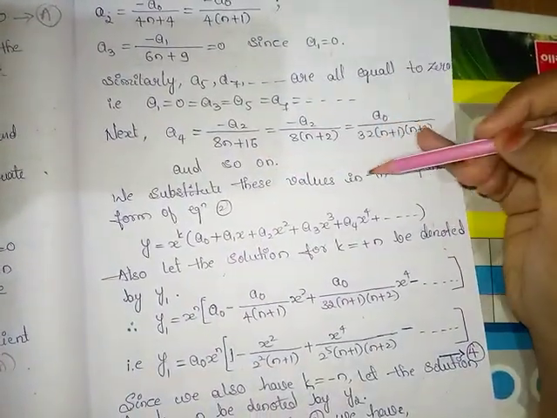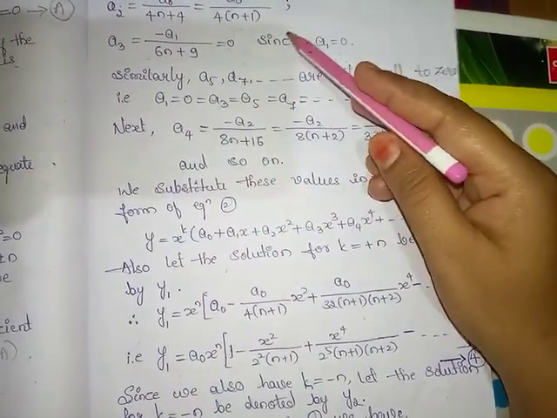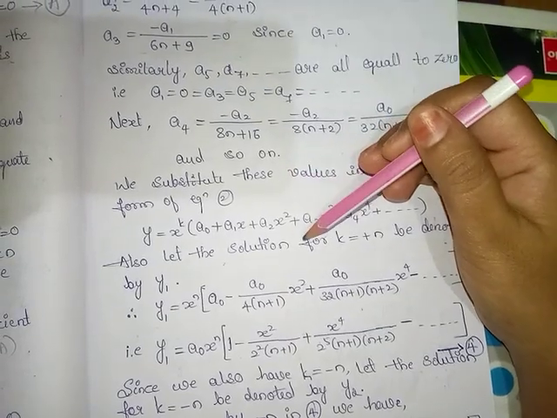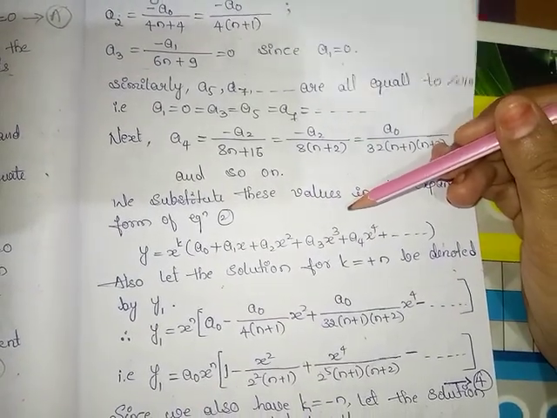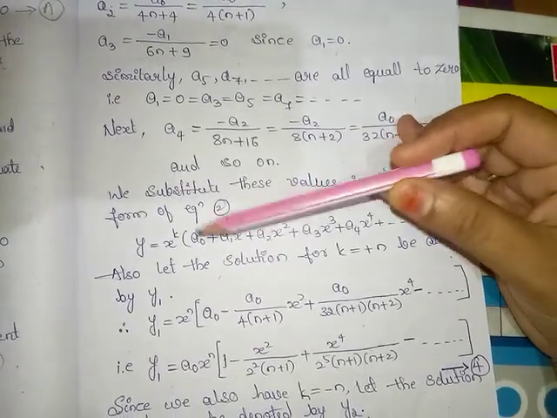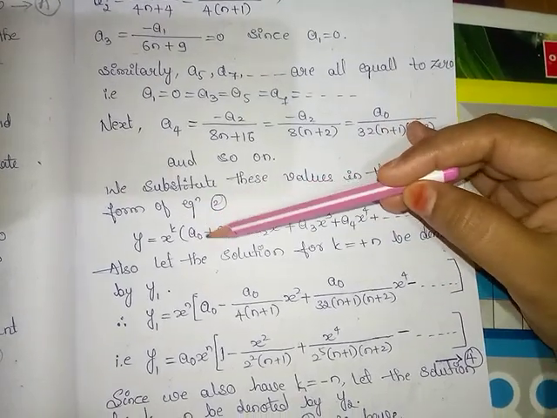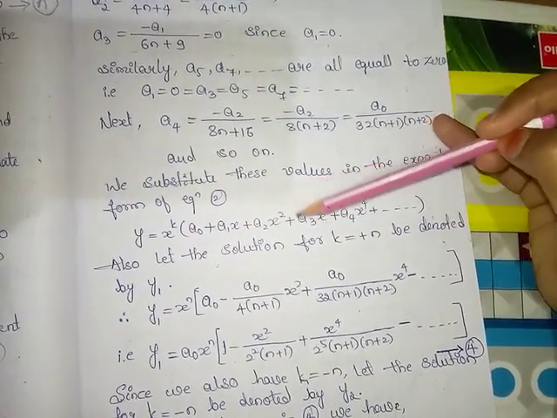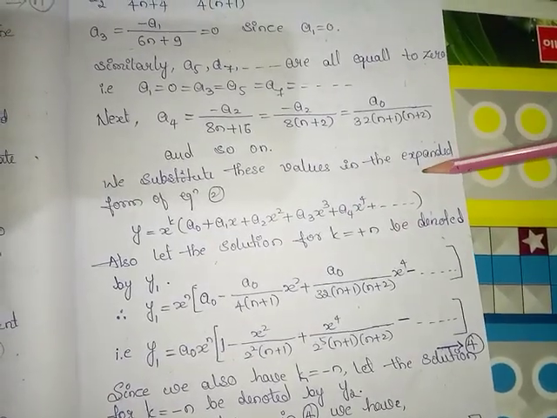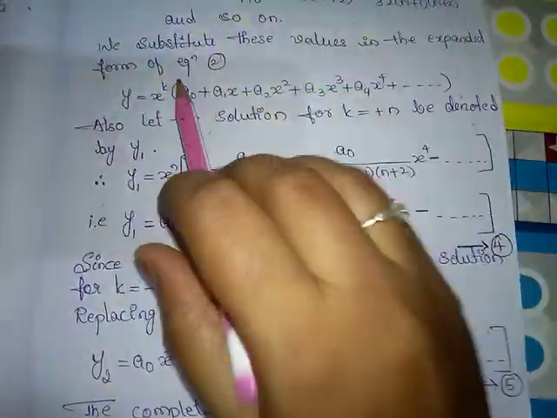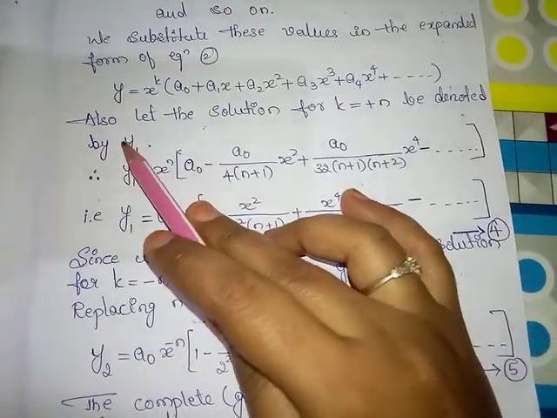We substitute these values in the expanded form of equation 2. We have to substitute all these values in the expanded form of 2, and we know what the expanded form of 2 is in the Frobenius method, that is y is equal to x raised to k into (a0 + a1x + a2x² + a3x³ + a4x⁴ and so on). Substitute all the values in this expanded form of equation 2.